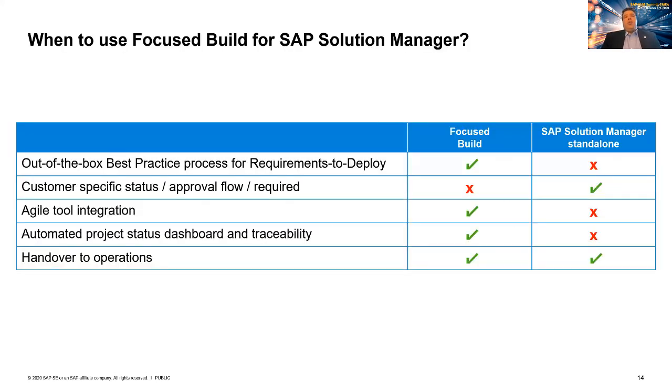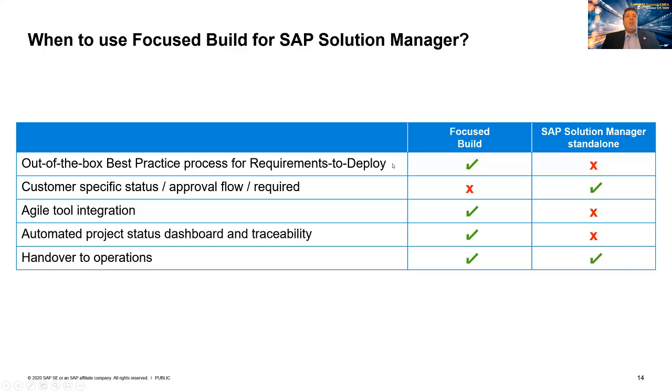So when to use Focus Build, compared to when you still use Solution Manager as a standard for your implementation project? Here are some criteria. If you want to have an out-of-the-box best practice process from requirement to deploy, meaning the typical flow where you start with the process discussions, collect the requirements, and do all the process flows until you deploy your release. This is a predefined process and cannot be adjusted much.